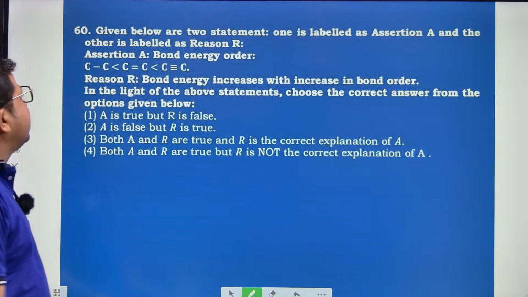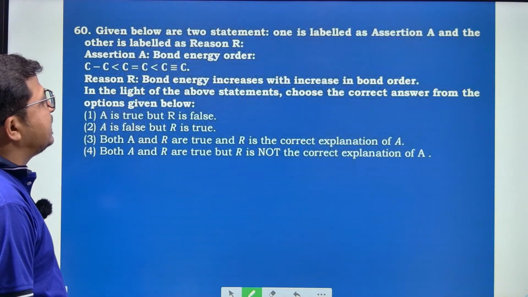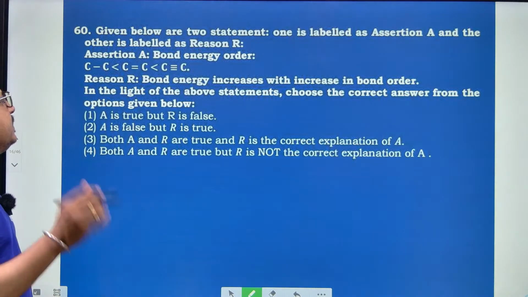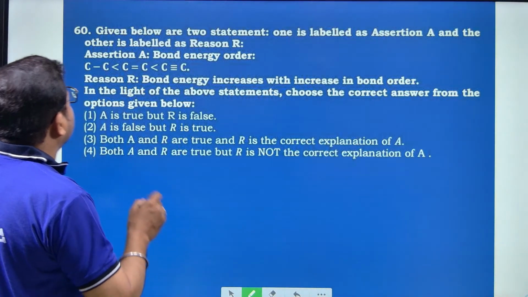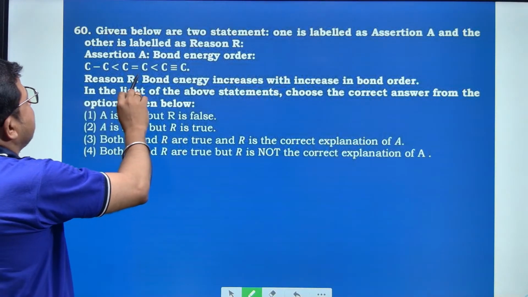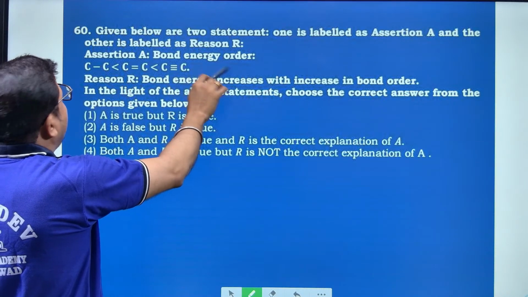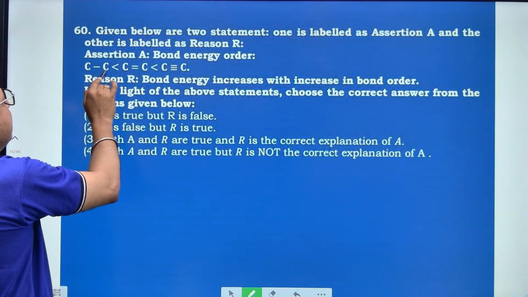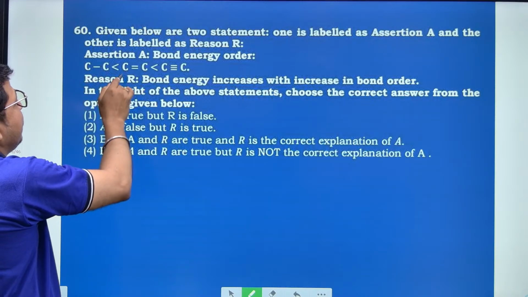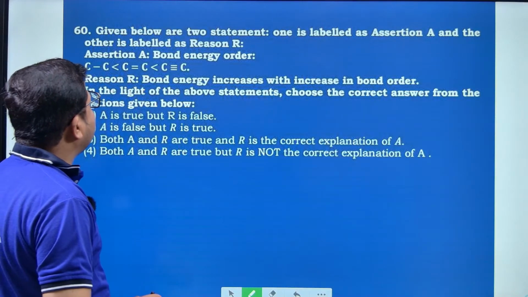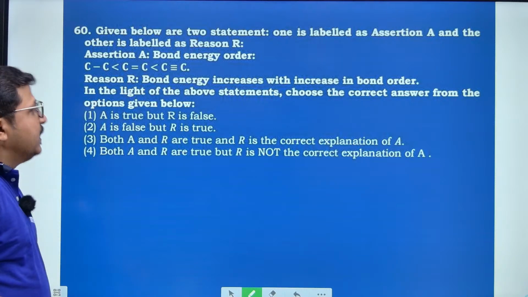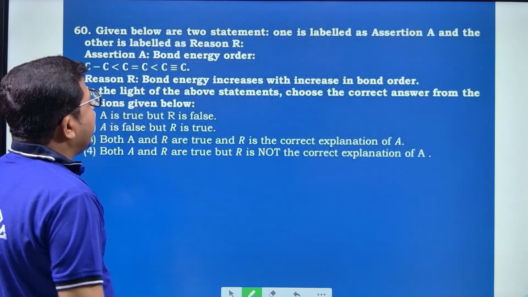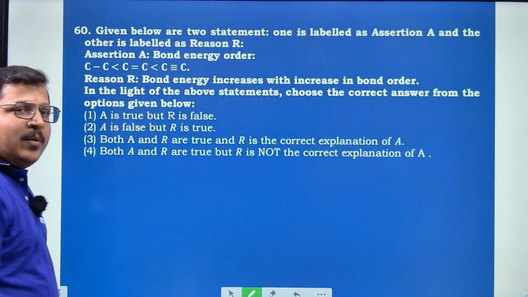And next, in the 60th question, two statements are given. One is labeled as assertion A and the other is labeled as reason R. Right? So here the assertion: bond energy order is carbon-carbon single bond is less than carbon-carbon double bond is less than carbon-carbon triple bond. And the reason is bond energy increases with increase in the bond order.